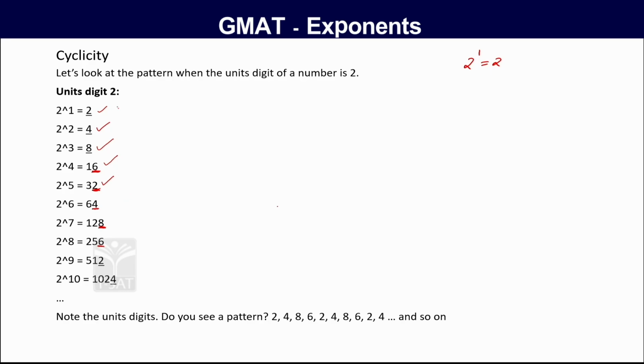So, look at the pattern here: 2, 4, 8, 6. This pattern repeats itself after every 4 counts in the power. So, we call that a cyclicity. 2 has a cyclicity of 4.